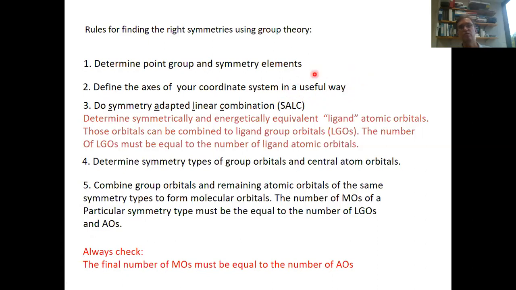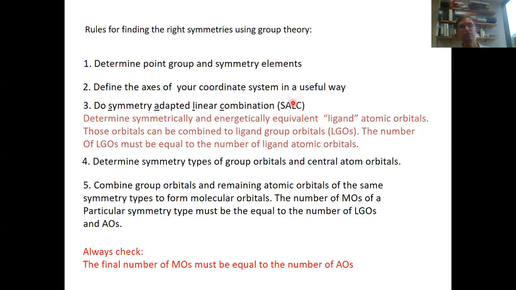That doesn't mean that there's only one way to do it, but it should be a way so that you make your life as simple as possible with the choice of the coordinate system. In the next step, you then do the actual symmetry adapted linear combination of atomic orbitals, also just abbreviated SALC.